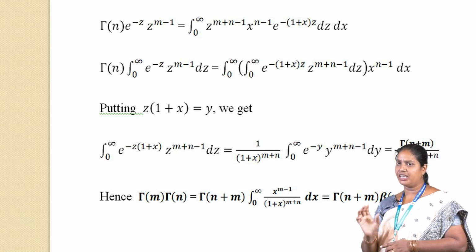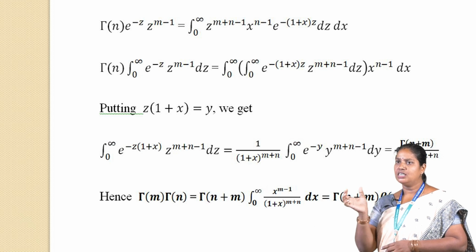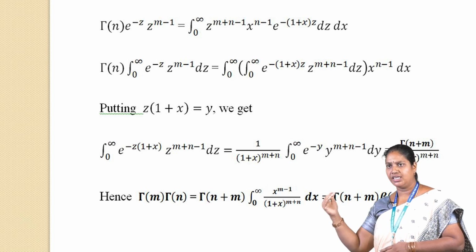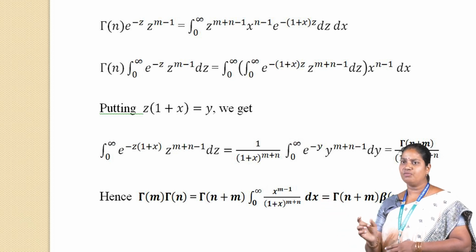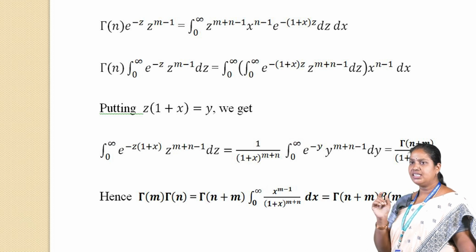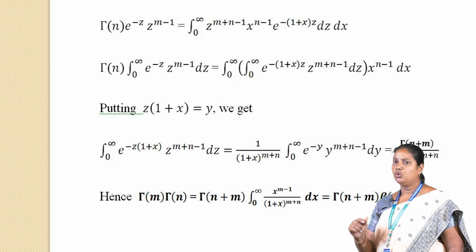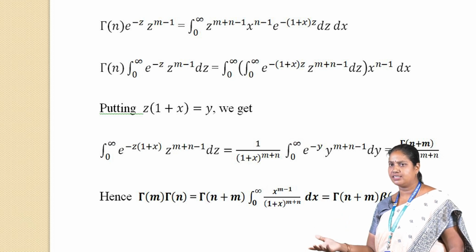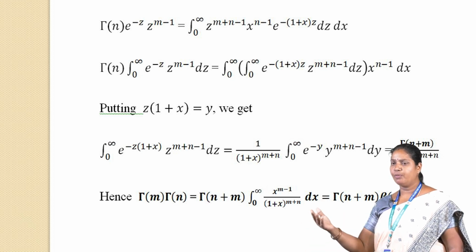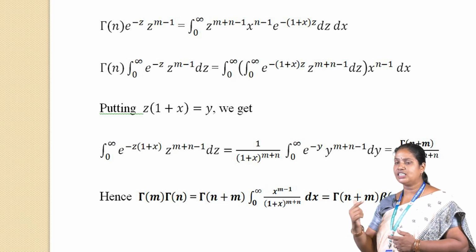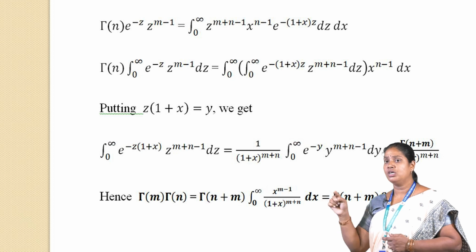So now our concentration is on the integral of 0 to infinity e power minus of 1 plus x into z, z power m plus n minus 1 into dz. In this term we are going to substitute z into 1 plus x as y, then z will be y divided by 1 plus x, and dz will be dy divided by 1 plus x. If we concentrate on z, x will become a constant with respect to z.